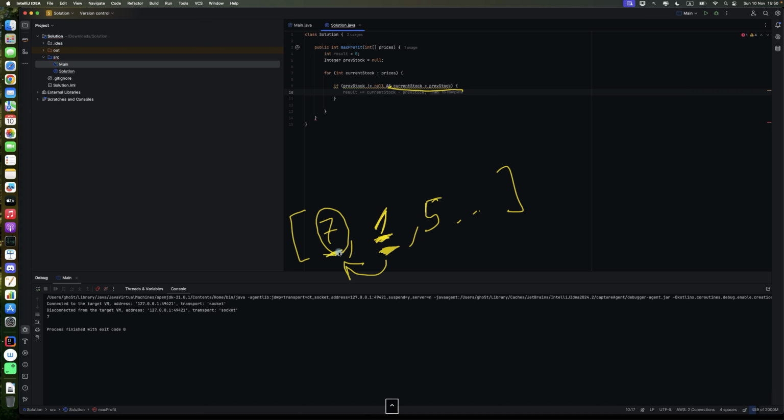Because if we buy here and sell here, we will be minus 5 profit, right? But when we are here, we will check if the current stock, 5 in this case, is greater than the previous stock, which is 1 right here?